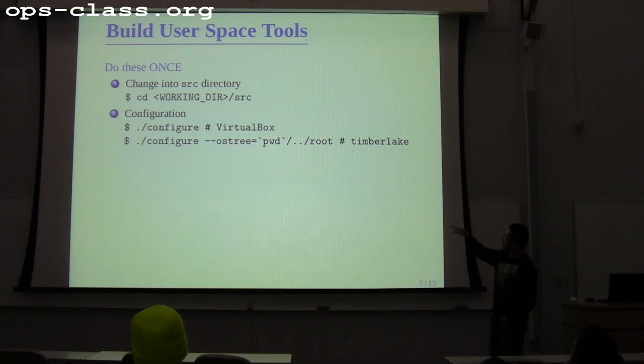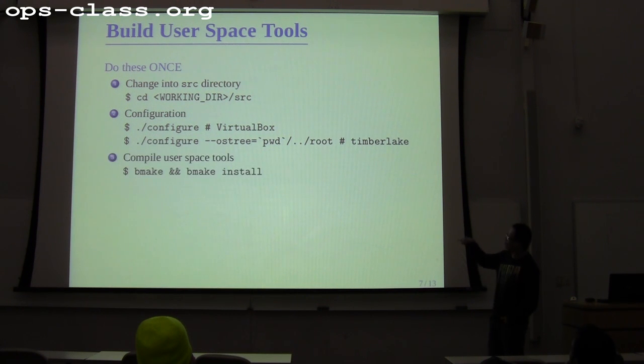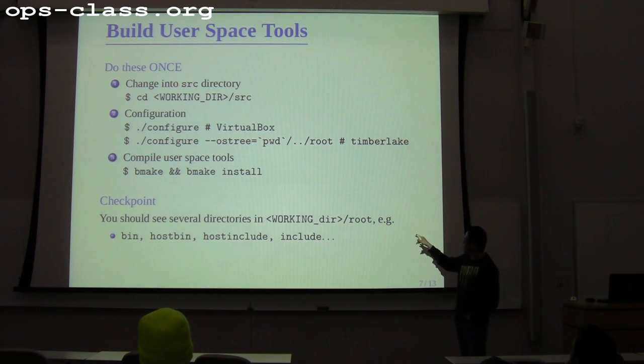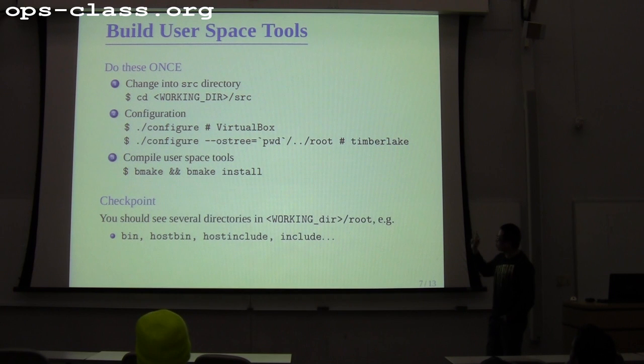Here, I use the --ostree option so I create the root directory in parallel with SRC, not inside SRC but outside it. Then you compile the user space tools and install them. After this step, you should see a root directory in your working directory, and all those directories inside that root.